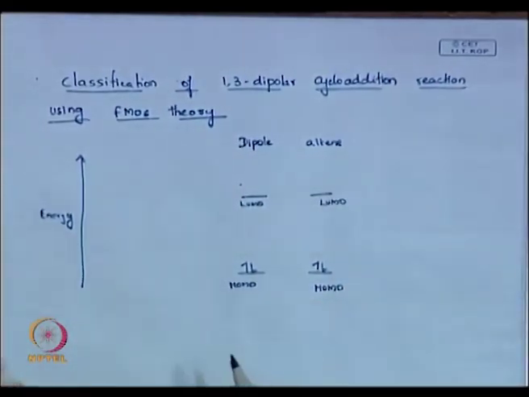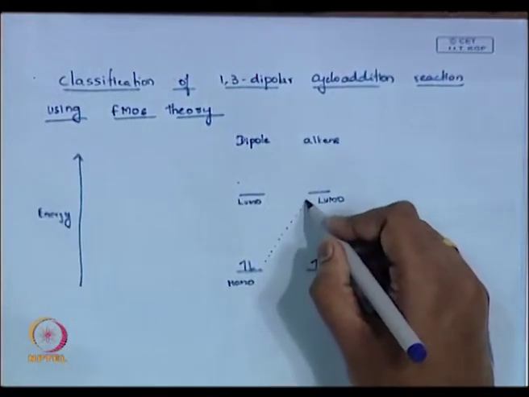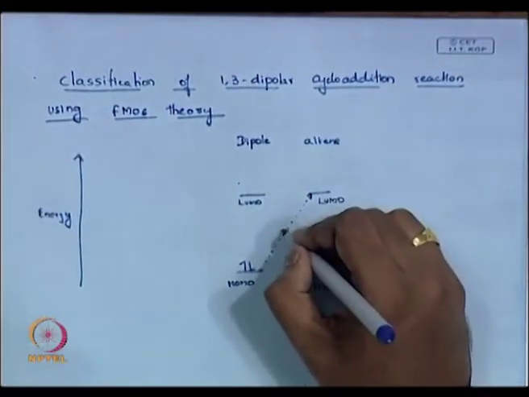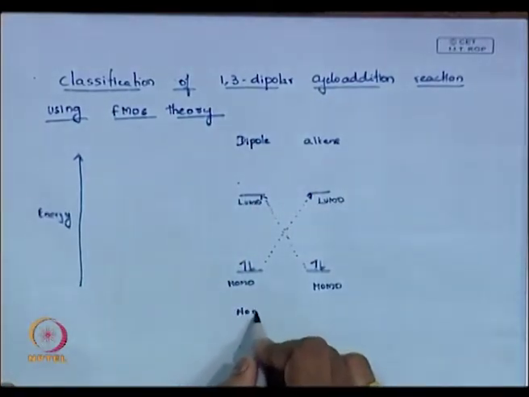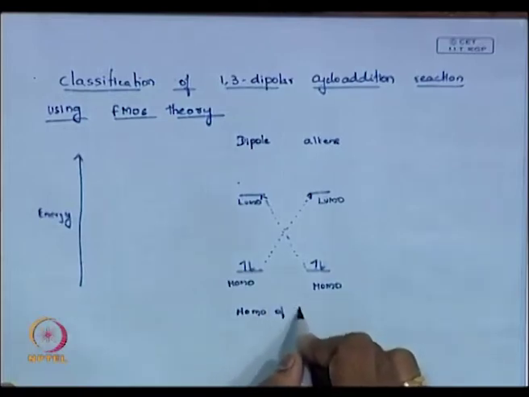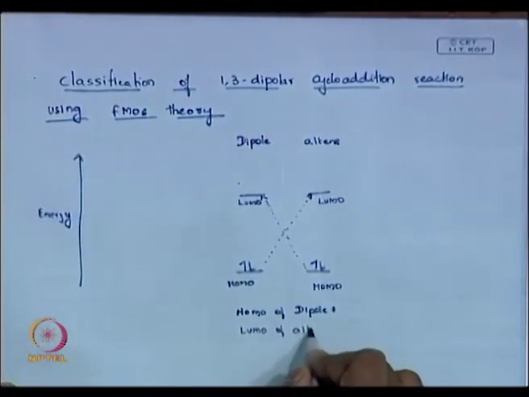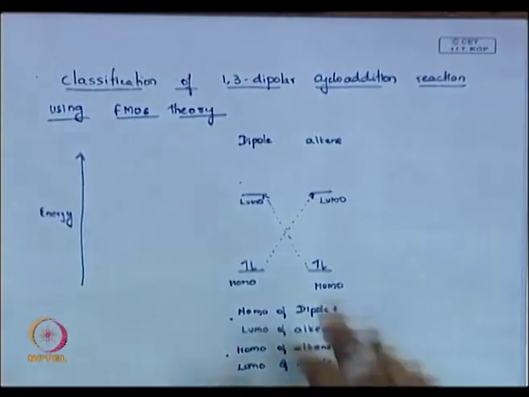If both are at the same energy, then we will be talking about the interaction of the HOMO of your dipole with the LUMO of your alkene, or otherwise the other way around. So, basically you will have the HOMO of your dipole plus the LUMO of the alkene, or the HOMO of your alkene plus the LUMO of the dipole. So, you can think about 2 combinations here, right. This is one type.